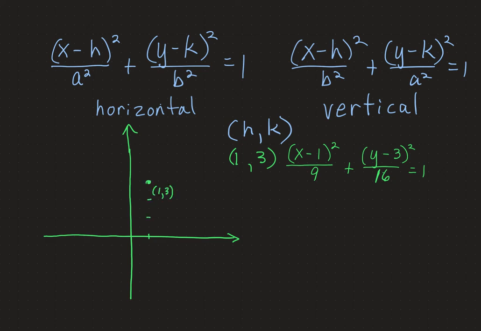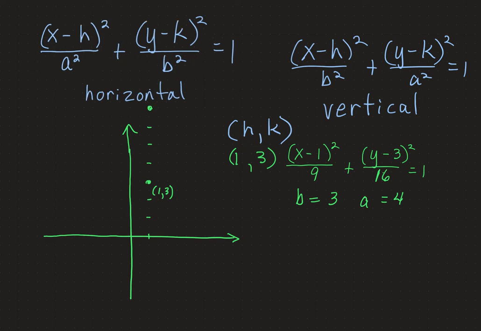There's the center. Looking at the equation, a squared equals 16 and b squared equals 9. So b equals 3 and a equals 4. And those are the distances, in the case of a, from the center to the vertices, and in the case of b, from the center to the endpoints of the minor axis. So I count up 1, 2, 3, 4. Gotta make some room.